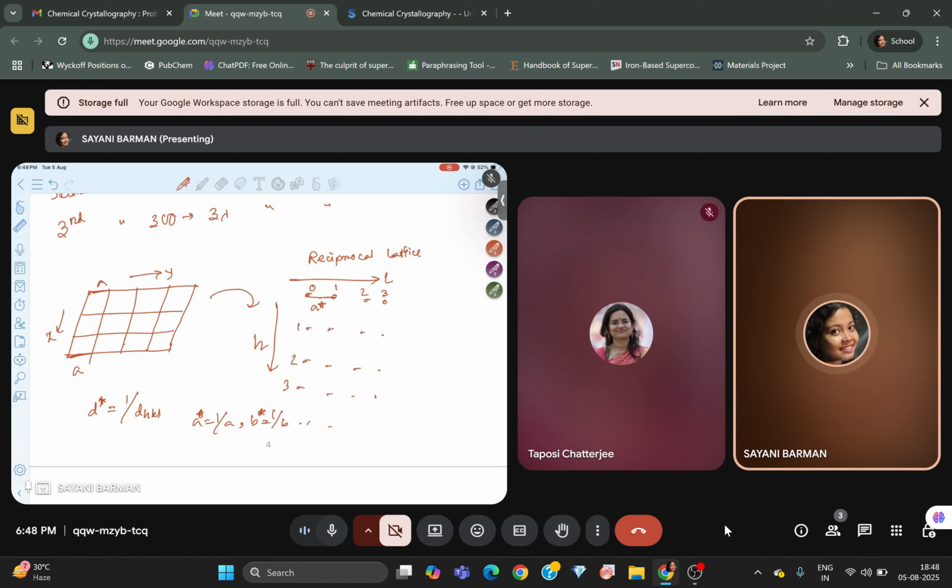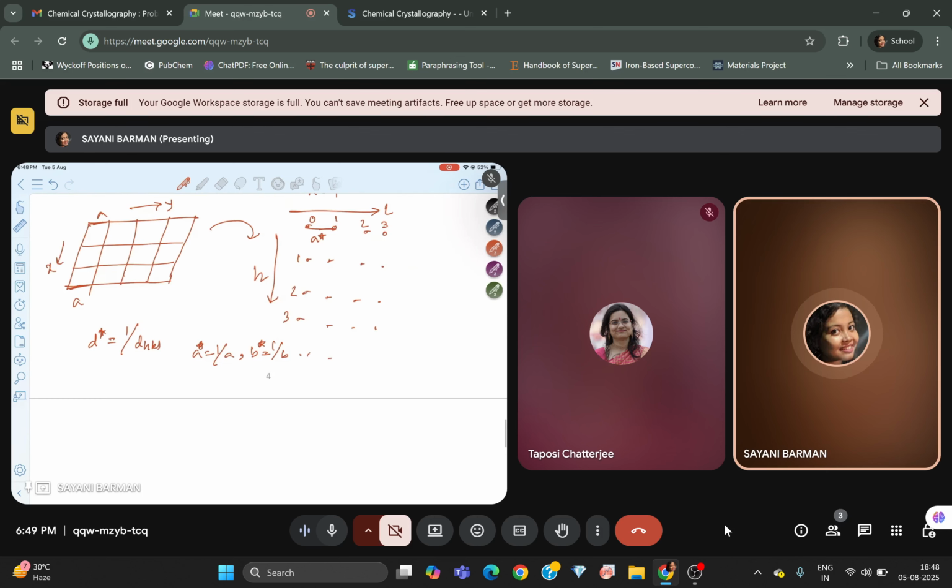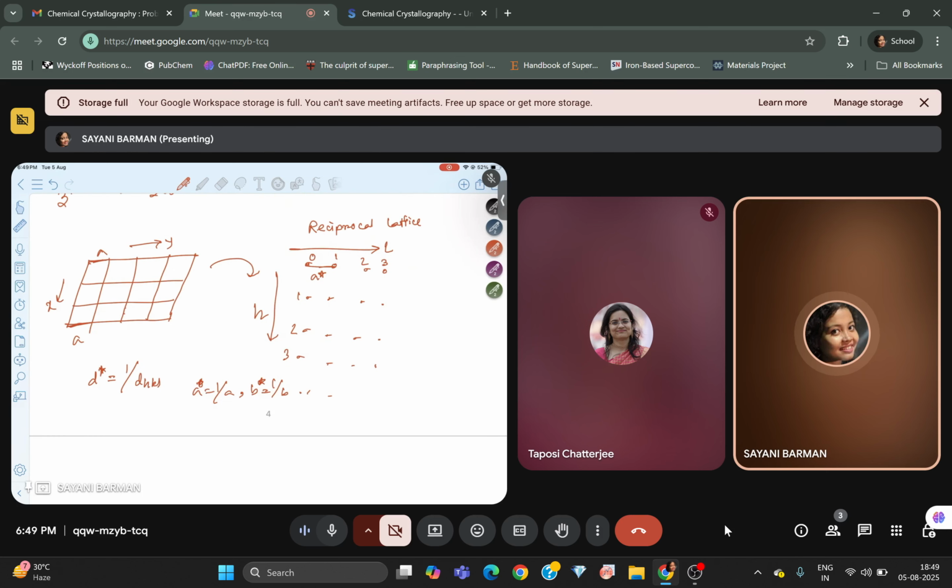I'm always saying that the diffraction patterns you see from a single crystal XRD are in the reciprocal space, not in real space, and that's how we solve further to get the actual crystal structure. In the 3D crystal system there are 7 crystal systems, you already know, and 230 space groups.